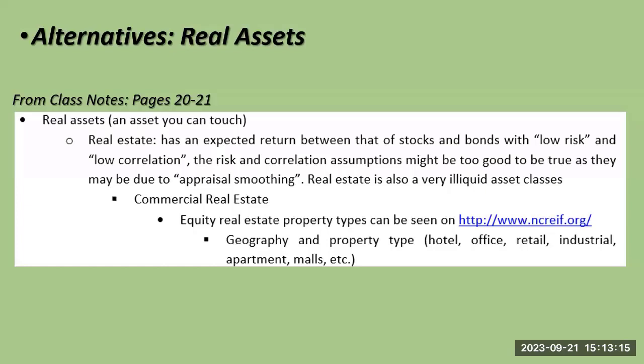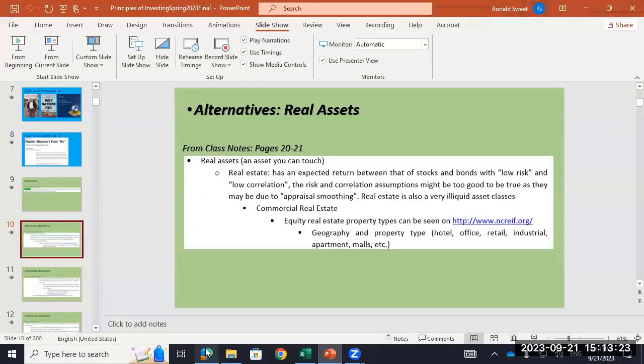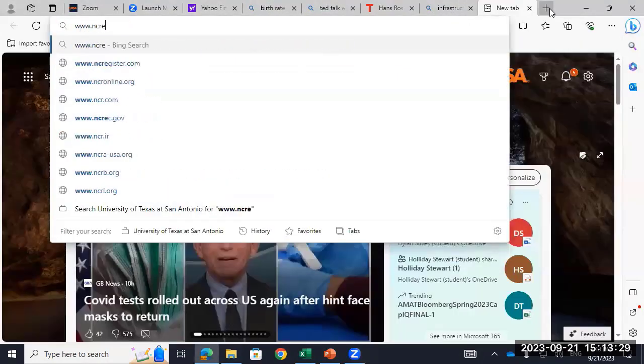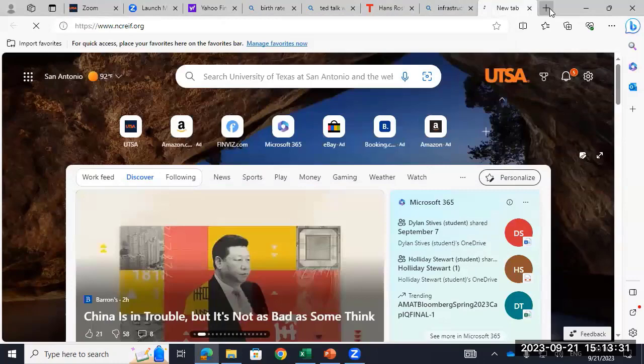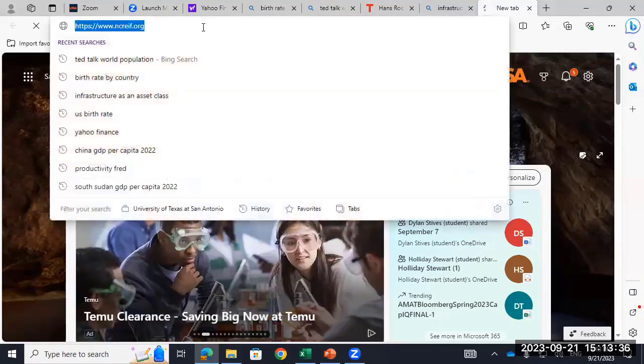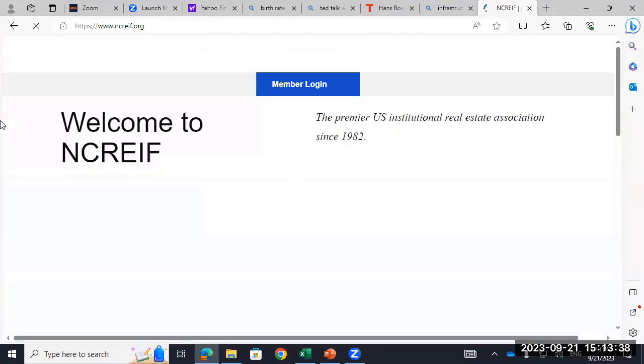Geography can also mean non-US. There are non-US real estate portfolios that you can do. NCREIF is a really good website, although they used to have a lot of free stuff, and now they require you to register. Of course, it doesn't work.